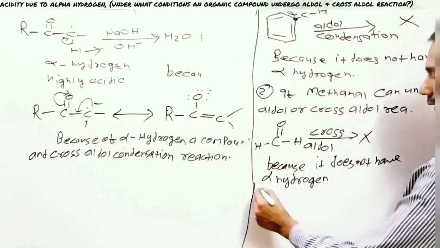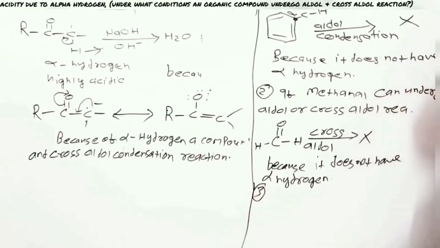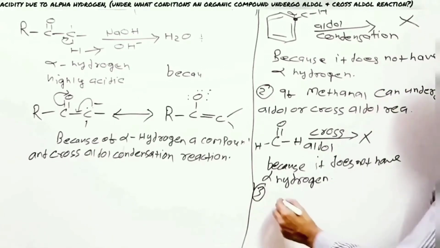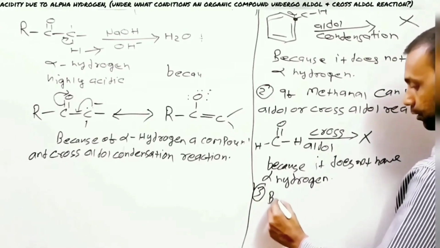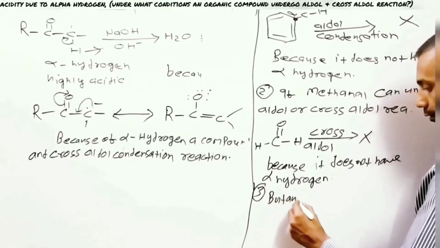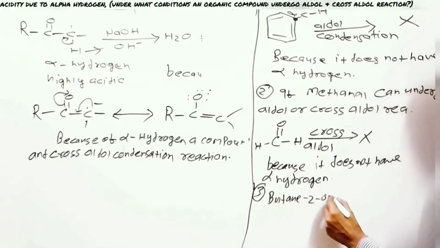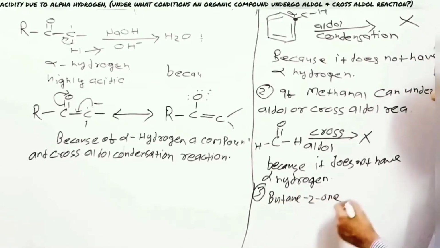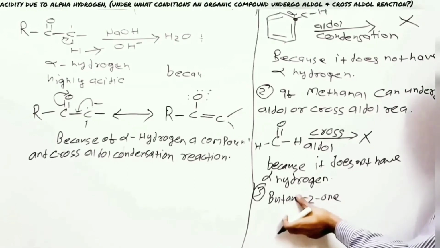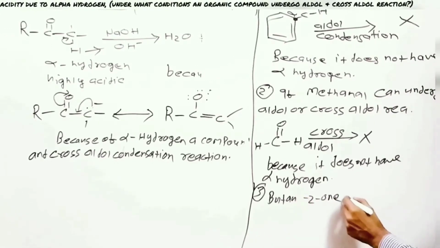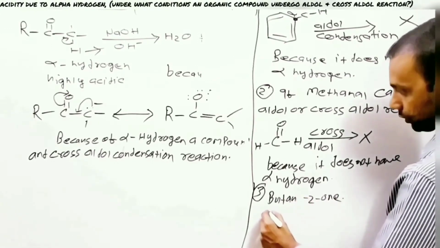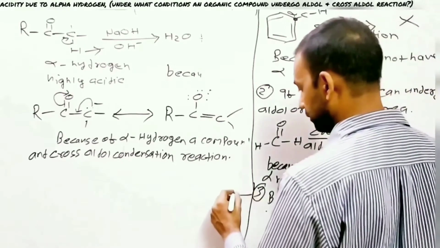So now let's take another example here. Suppose the question is if butane 2-one, I'm taking it on a random basis, any example, can undergo it, then take the structure here.